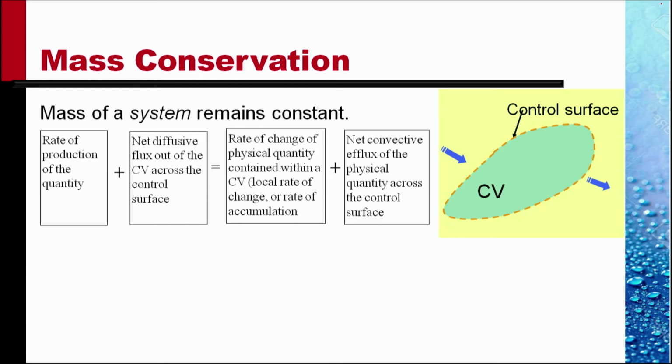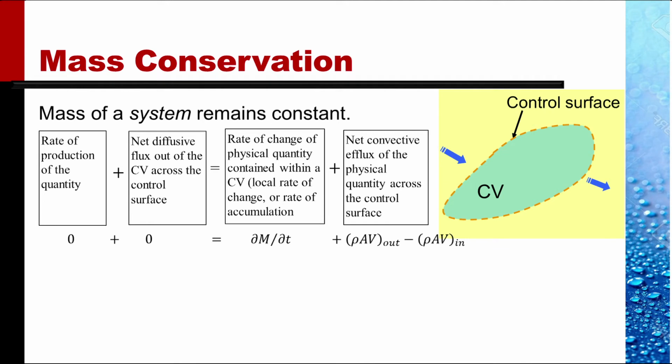The diffusive flux in the case of mass is also 0, and the rate of change of the physical quantity contained within the control volume, which is the local rate of accumulation, is ∂m/∂t. And lastly, the net convective flux of the physical quantity across the control surface is ρAV out minus ρAV in, the net efflux.